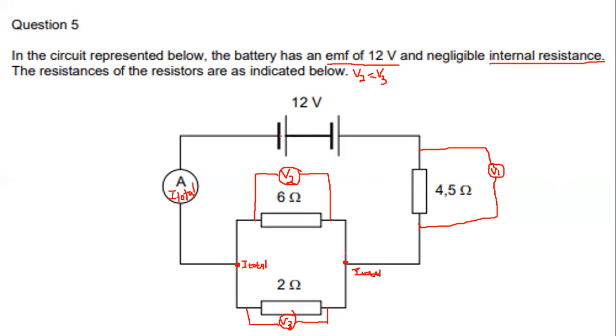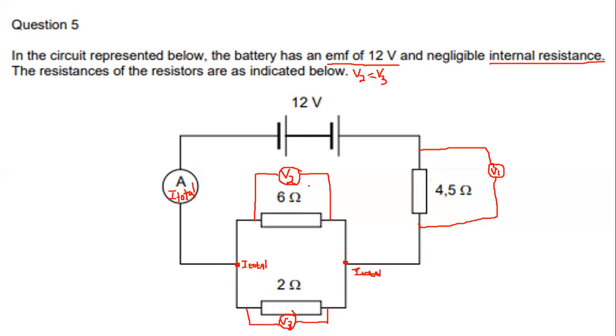What we certainly know is, if you look at electrons coming from this side, going this side and this side, carrying 12 volts, the electrons will not use up all of the 12 volts there. They can't use up all of the 12 volts there. Why? Because when they get to this point, they must still have some volts left to be used on the 4.5 ohm resistor.